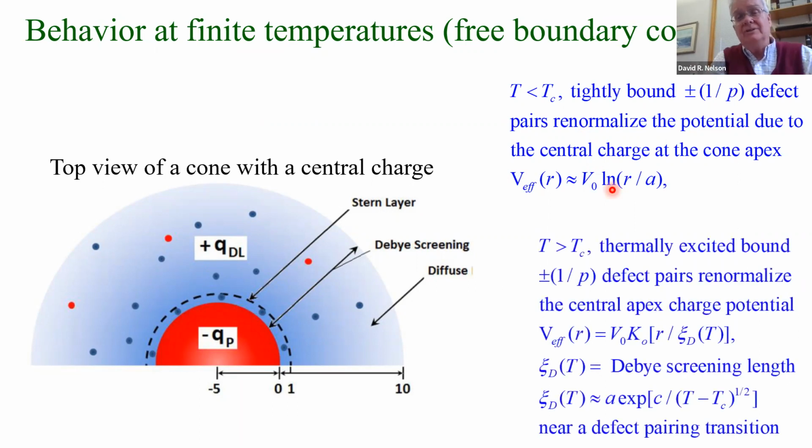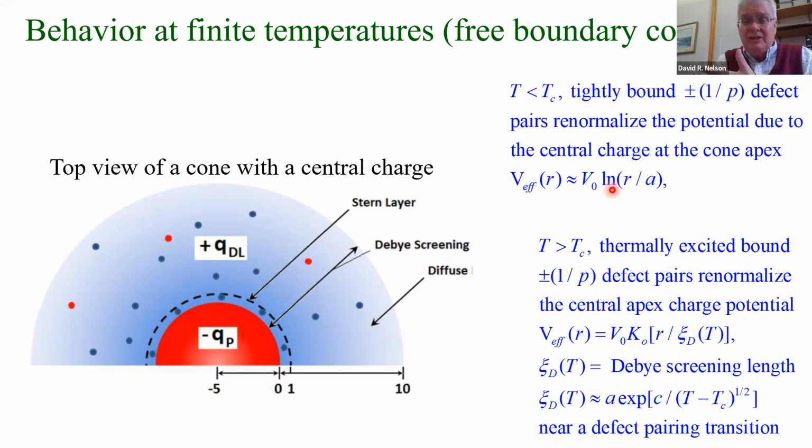But there should be a phase transition, unlike a 3-dimensional Debye-Huckel screening where you always have unbound charges, and unlike 1 dimension where they're always bound. 2 dimensions is a borderline case. I don't know that anybody's ever studied it carefully, but I think these cones may be a way to do it in 2 dimensions.